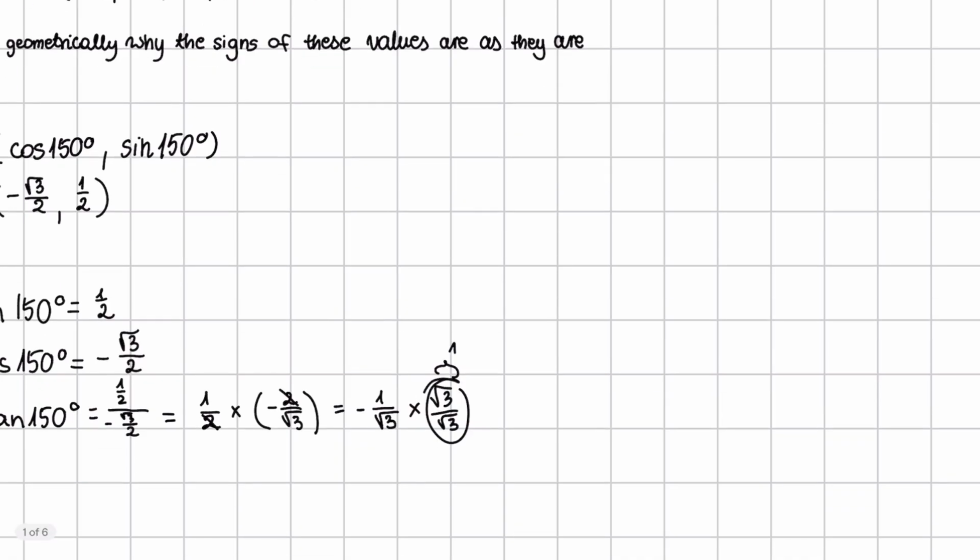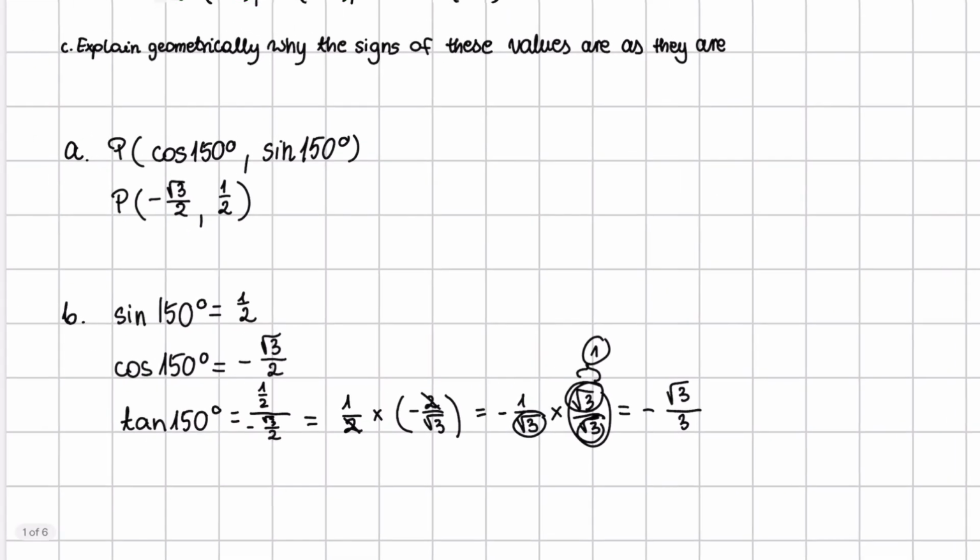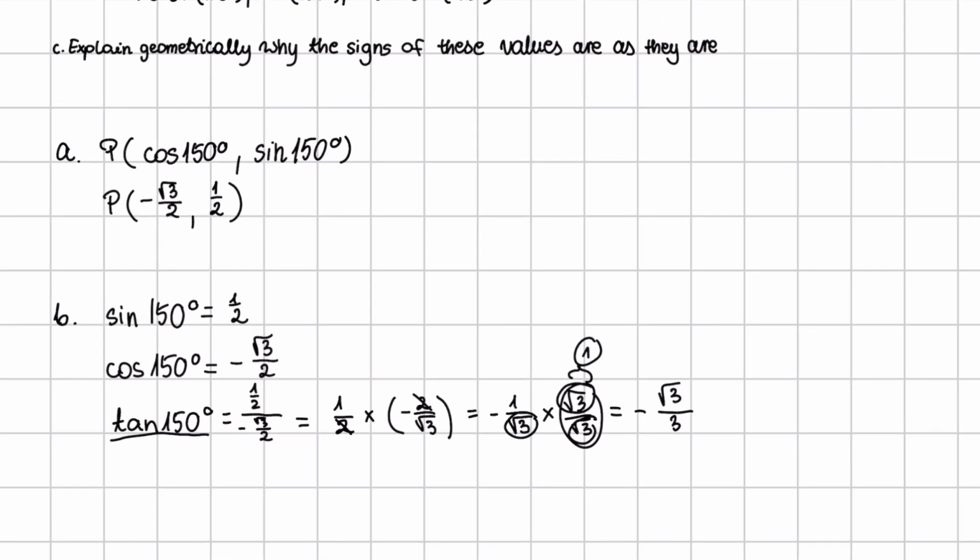So in the numerator we have the square root, and in the denominator also the same value, so this is basically 1, and our final answer is minus square root of 3 over square root of 3 times square root of 3, so just 3. Of course we can calculate it immediately from the GDC, so the answer will be the same. However, it's worth remembering that tangent is basically sine divided by cosine.